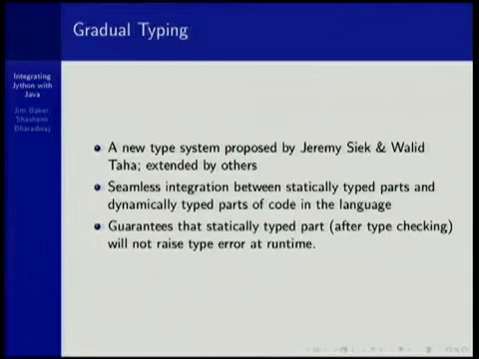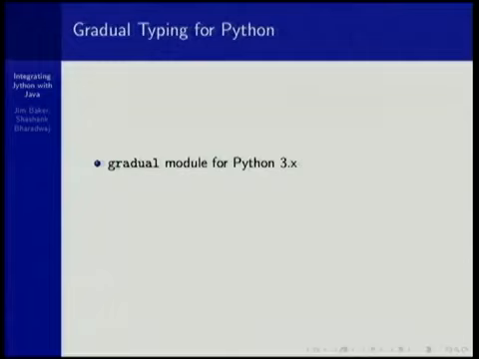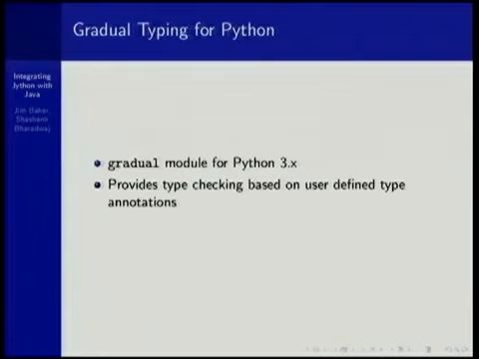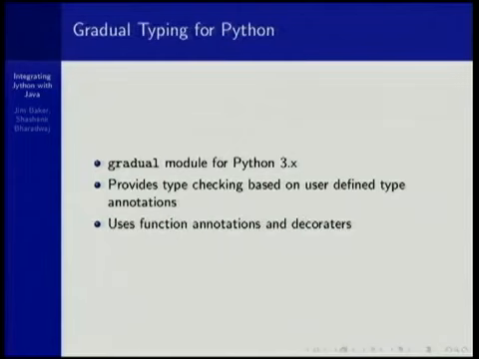So we thought we could use this nice property of gradual typing and get it into Python. With that, we wrote a small Python module which can run on Python 3.x. This makes use of the type annotations that were introduced in 3.x, so the function annotations and class decorators and function decorators.